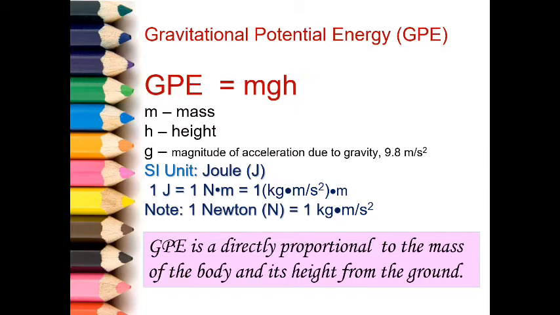Its SI unit is joule. 1 joule is equal to 1 newton meter, which is also equal to 1 kilogram meter per second squared times meter. Take note, 1 newton is equal to 1 kilogram meter per second squared. The formula to find GPE tells us that it is directly proportional to the mass of the body and its height from the ground.